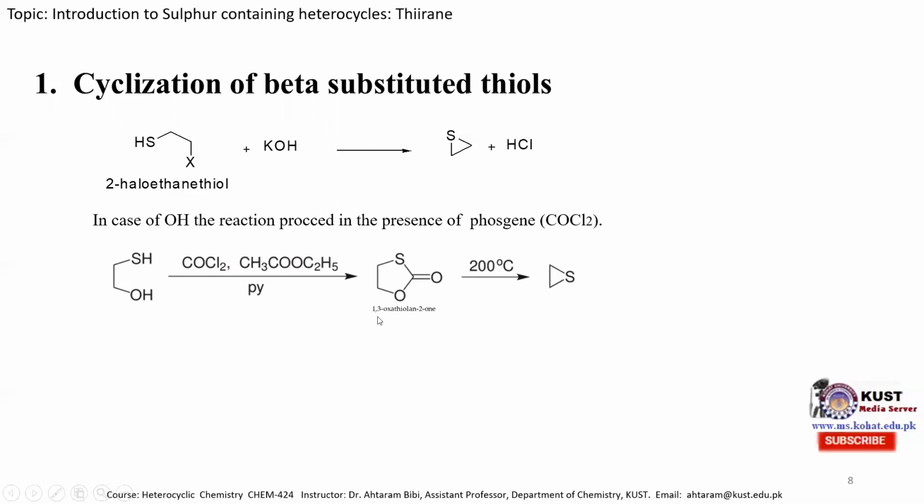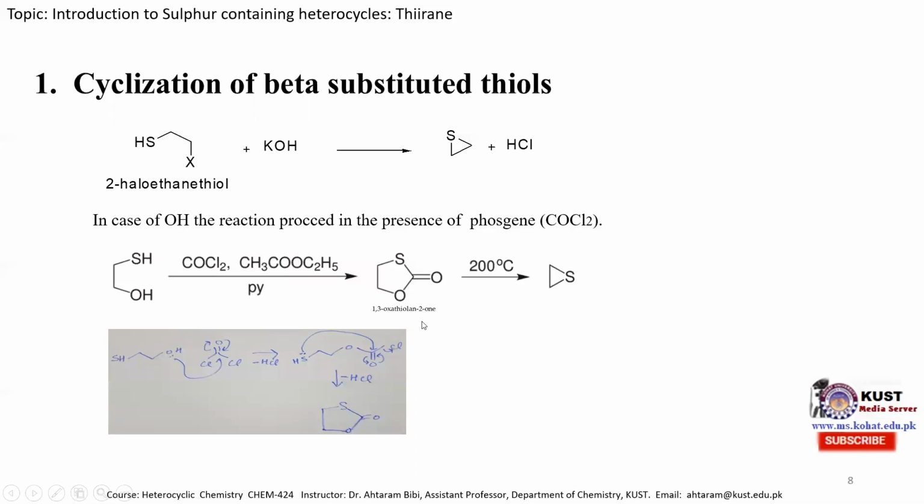In the first step, we obtain 1,3-oxathiolan-2-one molecule. And when this intermediate is heated at 200 degrees centigrade, then one can obtain this thyrane molecule. And the transformation from this 2-hydroxy ethane thiol to this 1,3-oxathiolan-2-one molecule, the mechanism is mentioned over here.